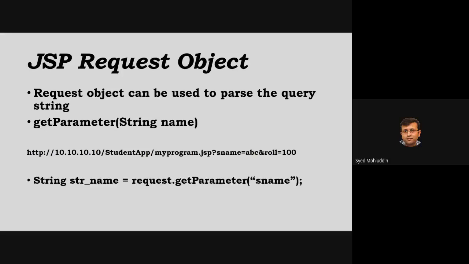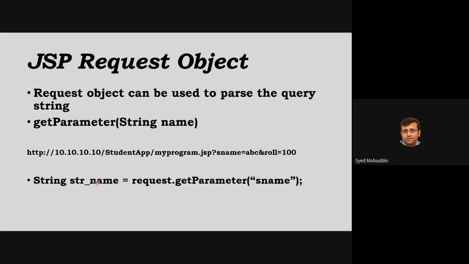So if we have the statement String str_name = request.getParameter("sname"), this request is the implicit object. We are not defining it. If we directly use it, it will work. It's an implicitly built-in object. request.getParameter with sname in double quotes will return ABC as the value.